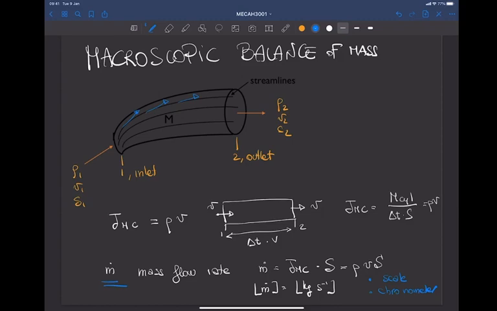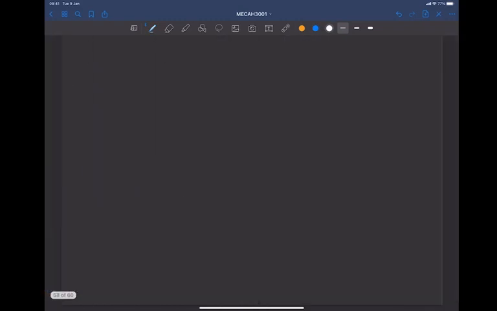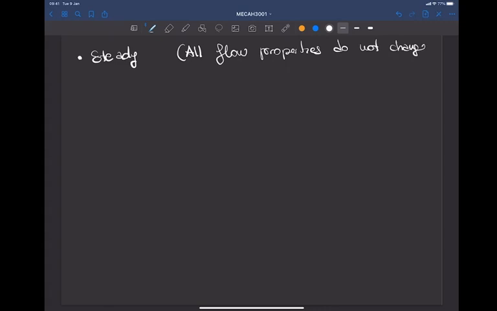Okay, so we have defined our quantity of interest. We have to establish now the conservation principle. And so let's start from the simple case that we have a steady system. So steady means that all flow properties do not change in time. So in other words, all the time derivatives will be equal to 0.